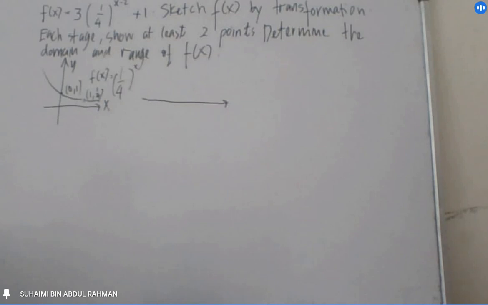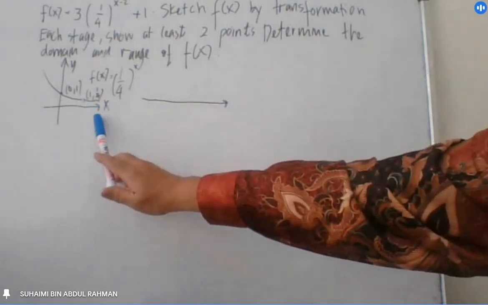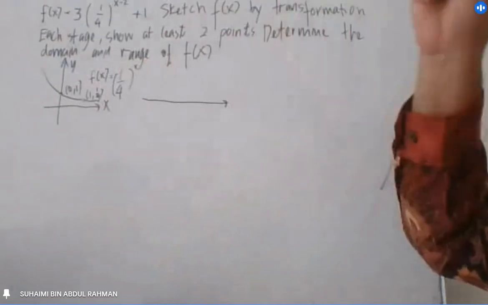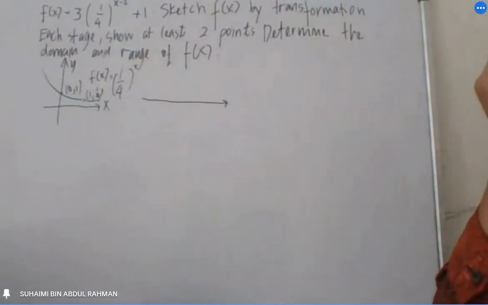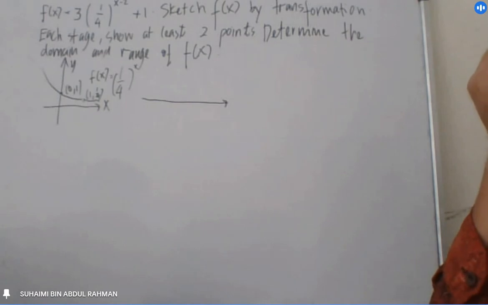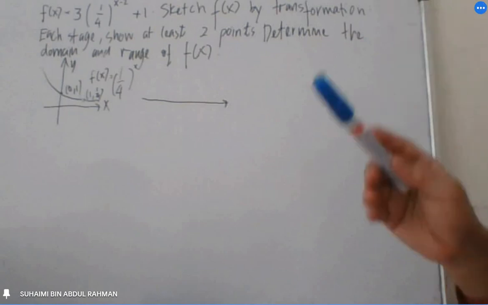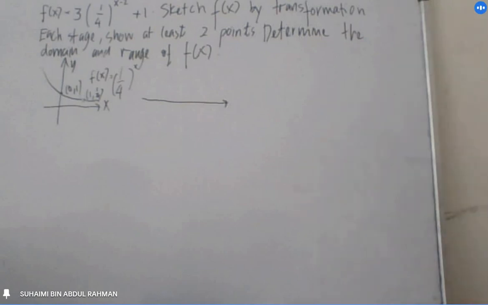Not just any y equal to 0, because y equal to 0 can be here, can be here. We say this one line becomes our horizontal asymptote. Right. And now we start the process of transformations.